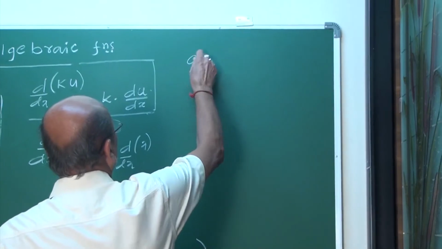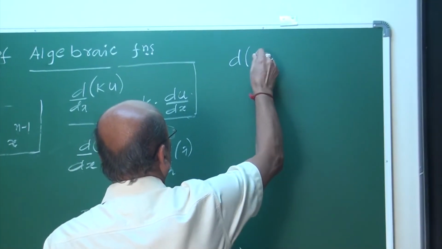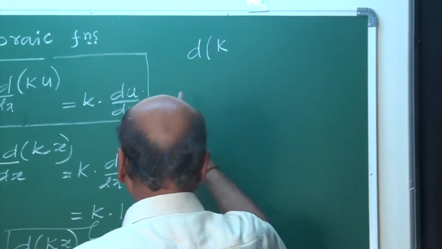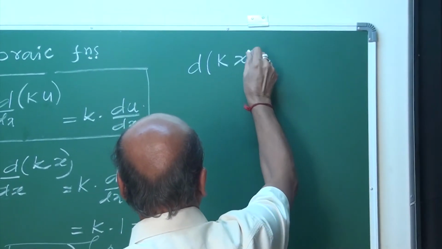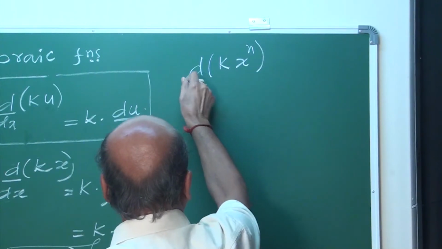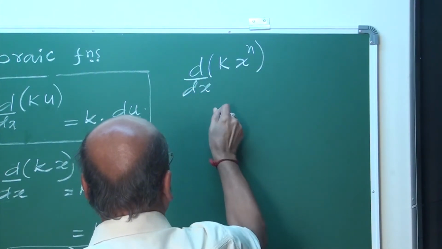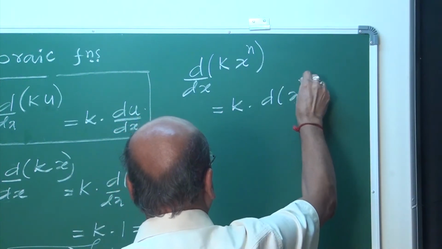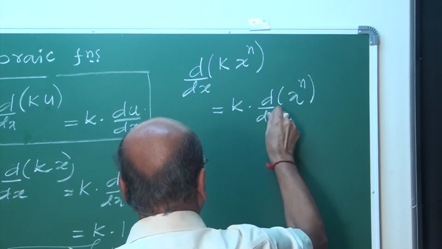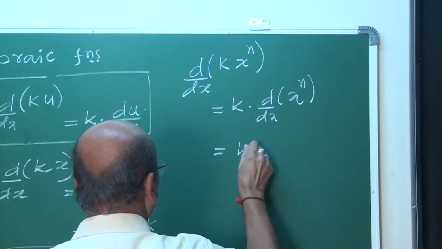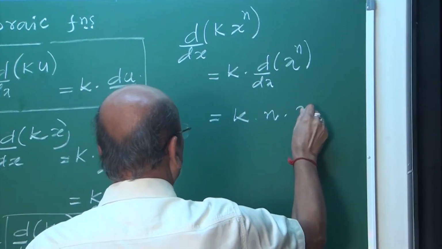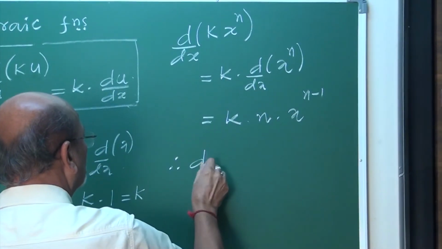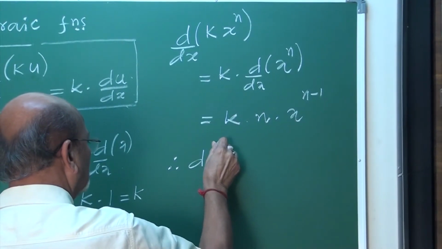Yes, my friend. The derivative of k into x to the power n with respect to x: k is out, into the derivative of x to the power n with respect to x, which is k into n into x to the power n minus 1. Therefore, this is your second tip.